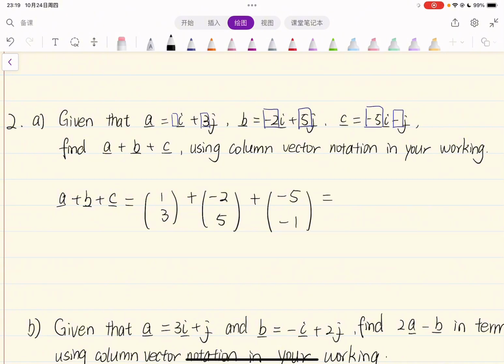For the x components, that is 1 plus -2 plus -5, that equals -6. For the y component, we have 3 plus 5 minus 1, that equals 7. So we got the answer a plus b plus c in the column vector form.